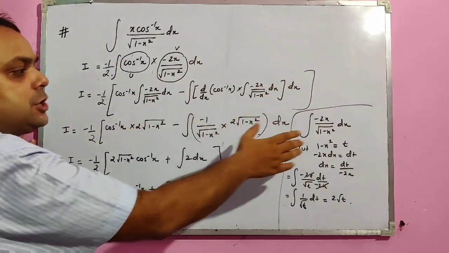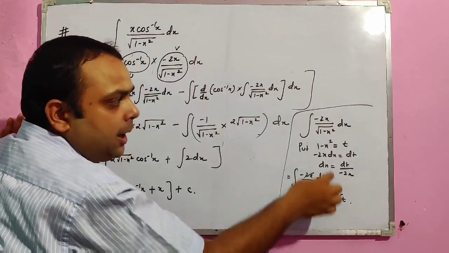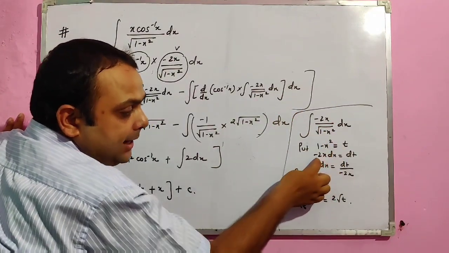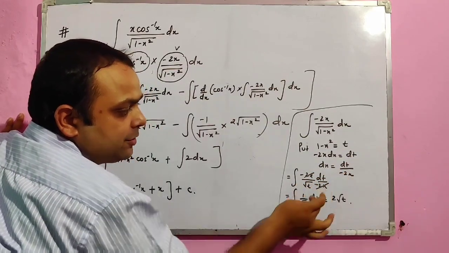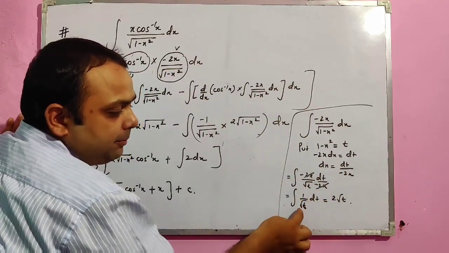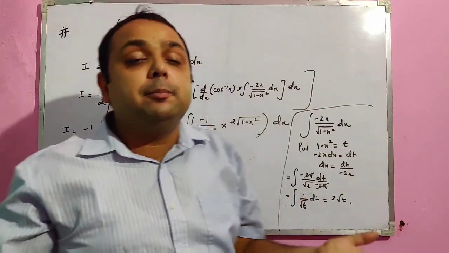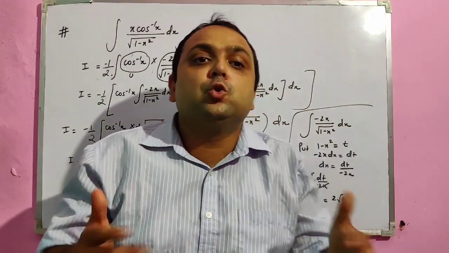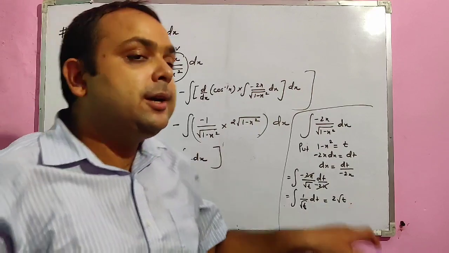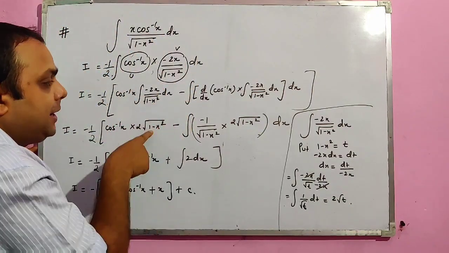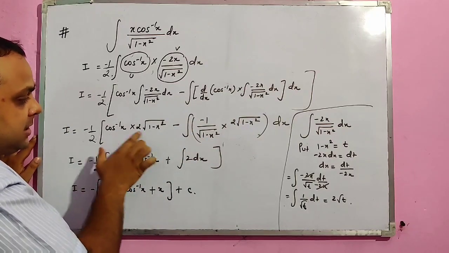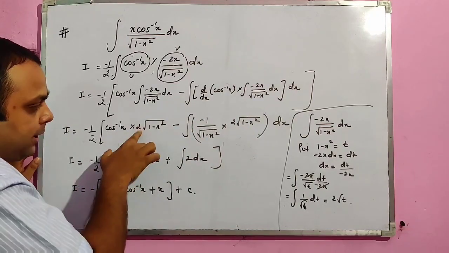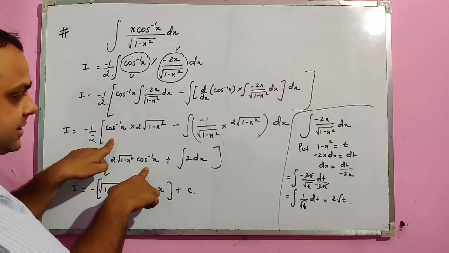Now this integration is solved by the method of substitution, putting this as t, minus 2x dx equal to dt, dx equal to dt by minus 2x, which will eliminate that. We get 1 by root t. Integration of 1 by root x dx is 2 root x. So this is 2 root t. Now substituting this value in place of the integration, here also we get 2 under root 1 minus x square cos inverse x.